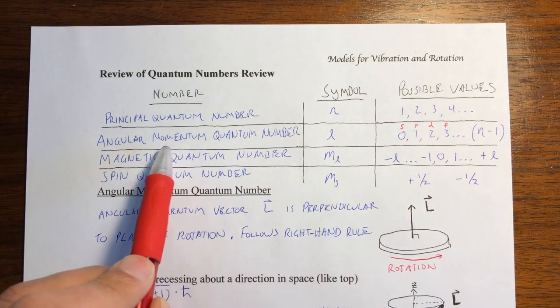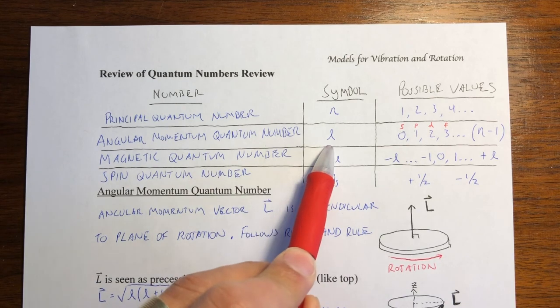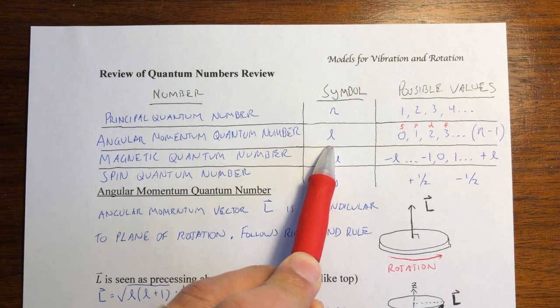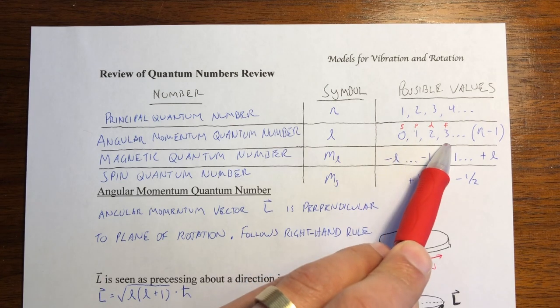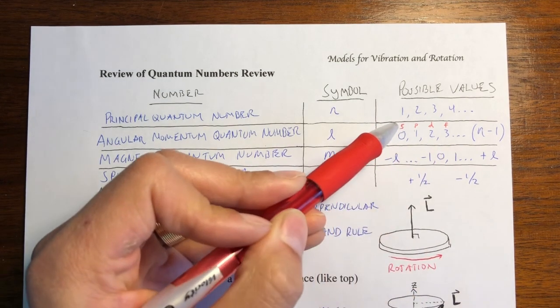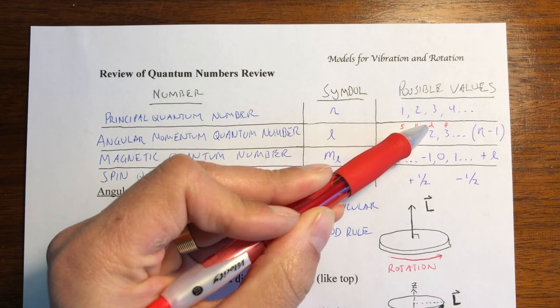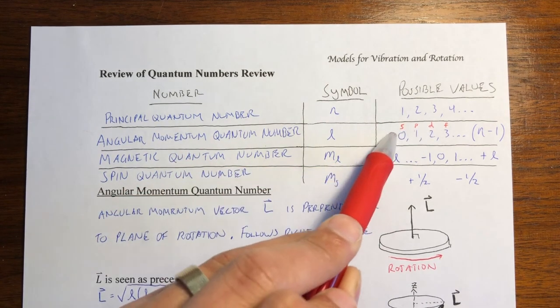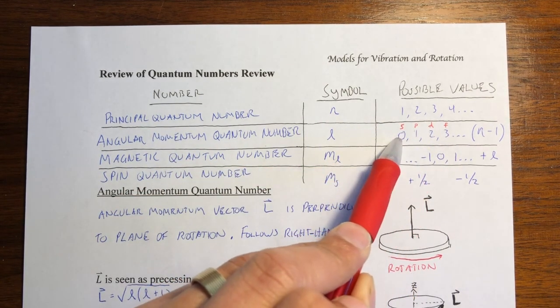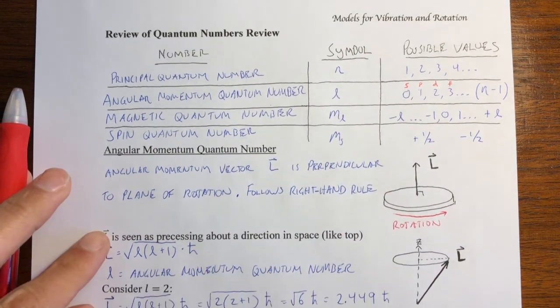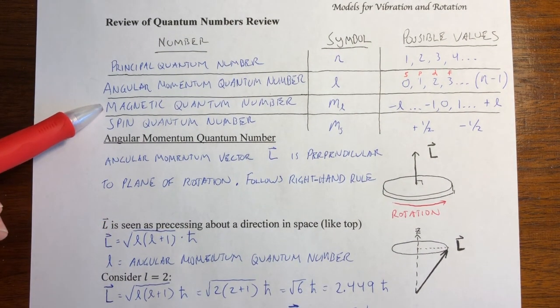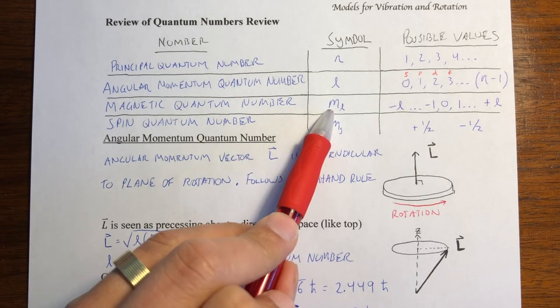The angular momentum quantum number l is describing the shape of the orbital, and so when we get values like 0, 1, 2, or 3, we ascribe them letters like s orbitals, p orbitals, d orbitals, and f orbitals, and that is all based on its angular momentum quantum number l. A subset of that is the magnetic quantum number m sub l.